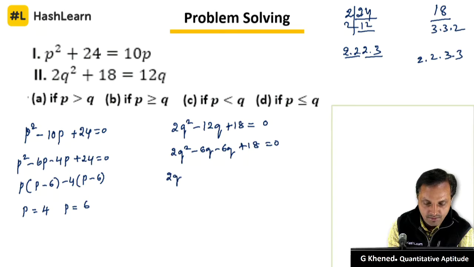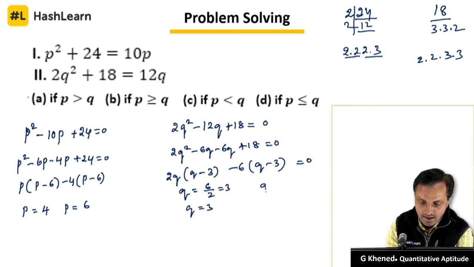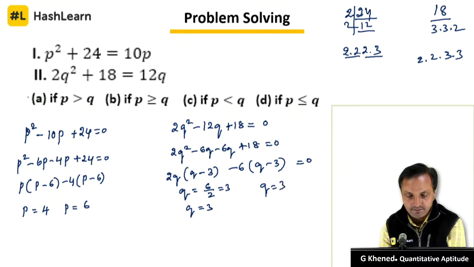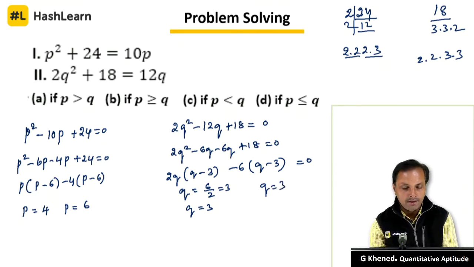So 2q is common, you can take minus 3, q minus 3 minus 6. So the value of q will be 6 divided by 2, that will be equal to 3. The value of q is 3 and the other value of q is 3.